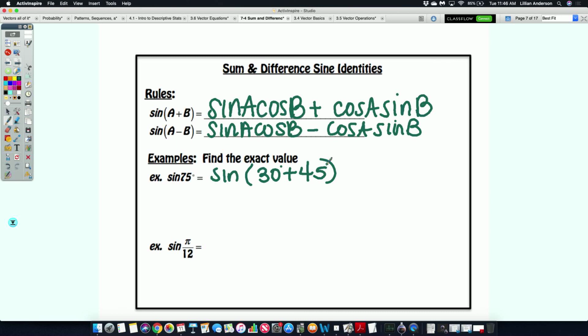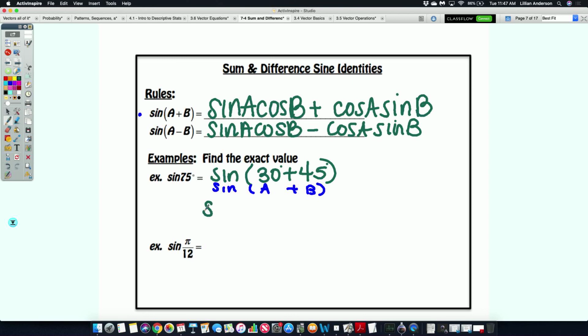Since we chose to add two angles to get 75, I want to use the identity up here. And instead of writing A, I'm going to write which angle? 30. And instead of B, I'm going to write 45 because this is set up as A plus B. Does everybody see that? So I'm going to write out the formula, fill in, and then from there, I'm going to simplify.